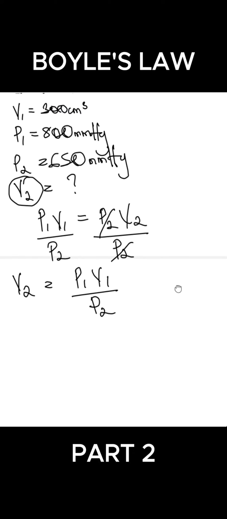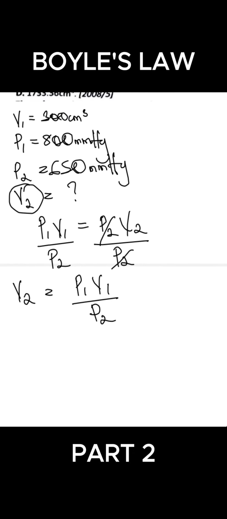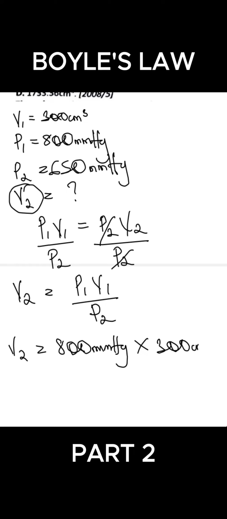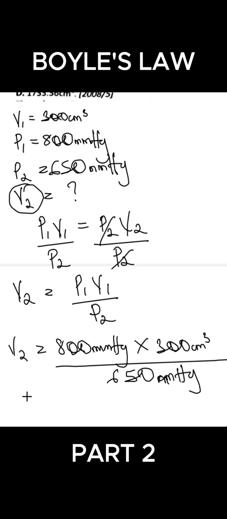When you've done this, the next step is to substitute the values into it. So V2 is equal to, what is P1, 800 millimeter mercury, times V1, what is V1, 300 cm cube, over P2, what is P2, 650 millimeter mercury.